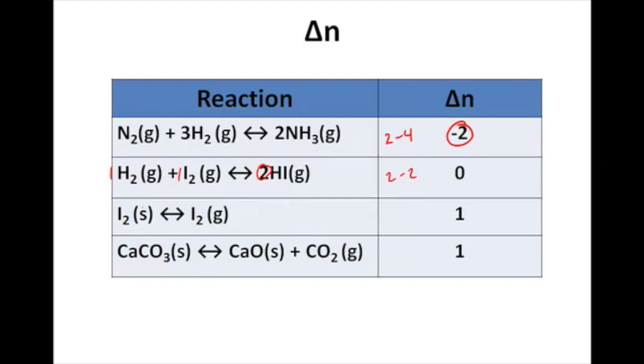On this side, we're going to eliminate the solid. We have 1 mole of gas on the product side, so therefore 1 minus 0 equals 1. And the last one, we have 1 mole here. We don't care about this. So 1 minus 0 equals 1 mole.